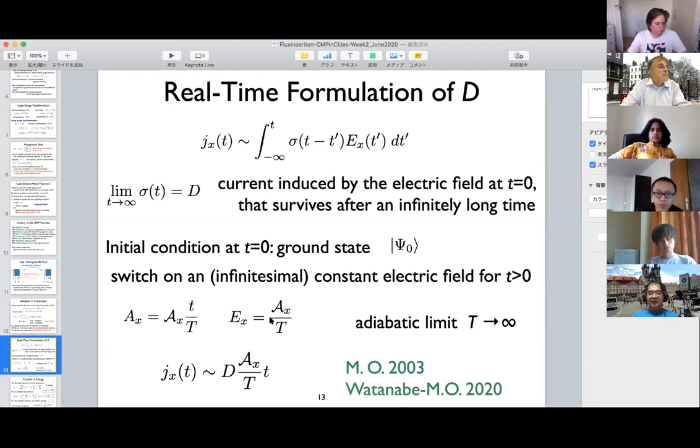But if the Drude weight is non-zero, then this ideal response to the electric field just accumulates. As a result, the current is induced proportionally to T in the presence of this Drude weight and this electric field, if you do this very, very slowly. So this is the current induced in this setup, this adiabatic ring.